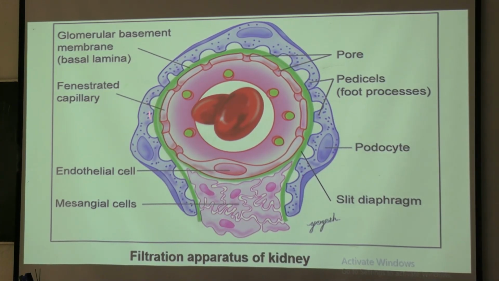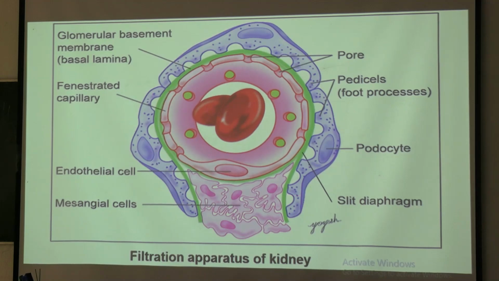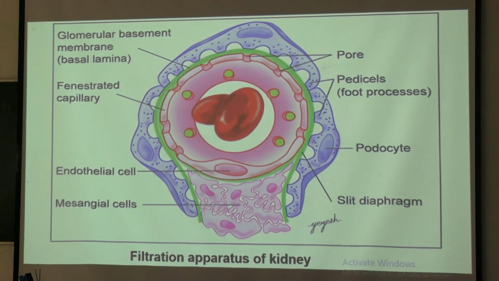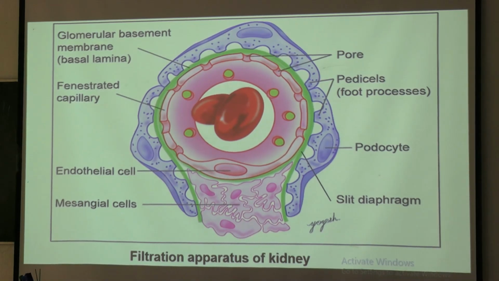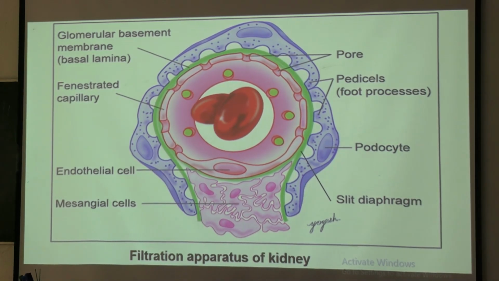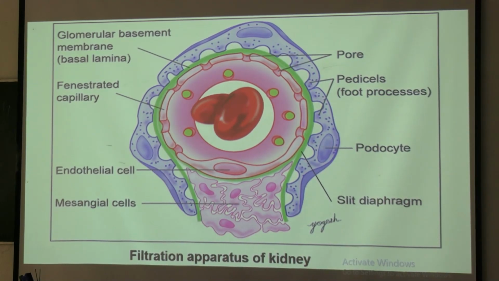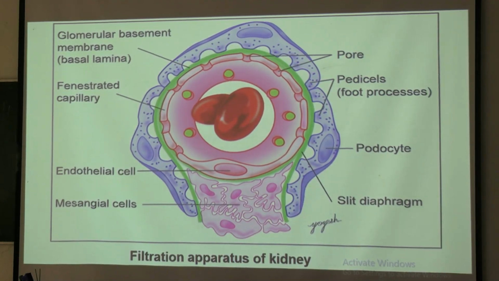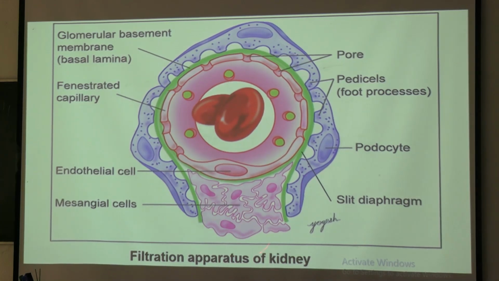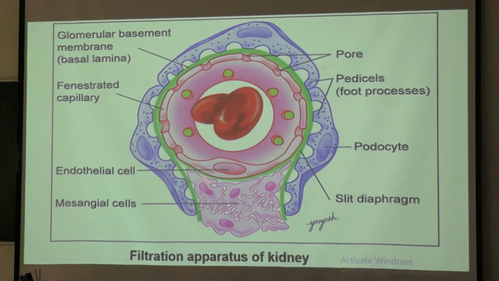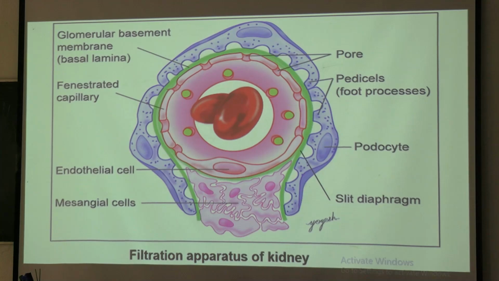Here the capillary wall is also fenestrated for helping in passage of different materials from blood to the Bowman's space. Except for the blood cells, all of the material passes into the Bowman's space. And these are mesangial cells lying near the capillary.